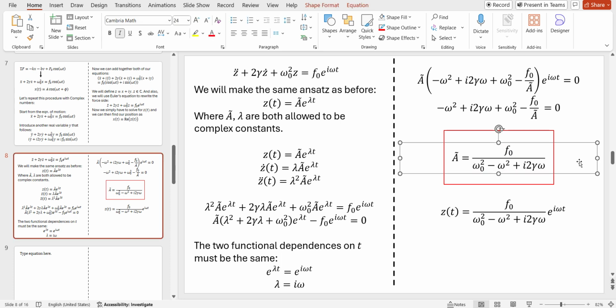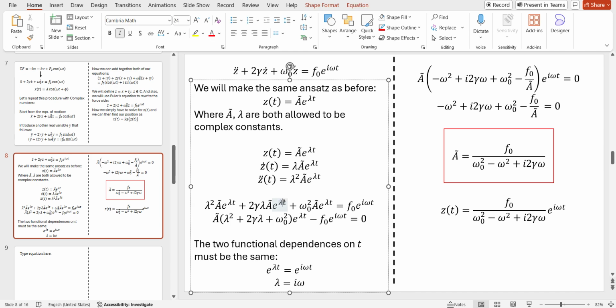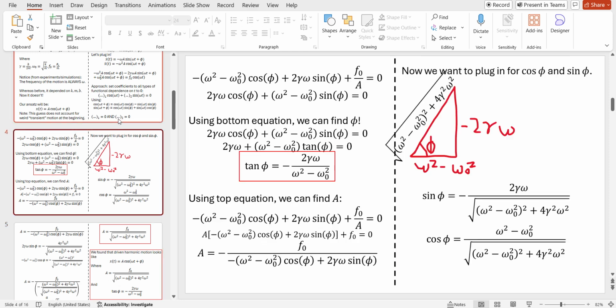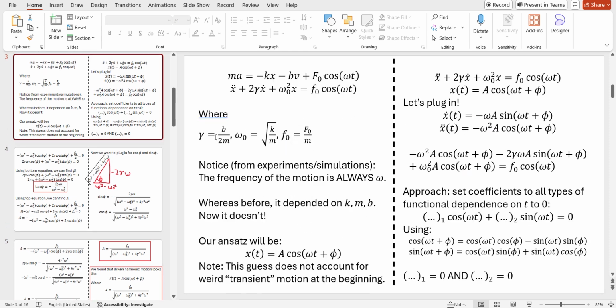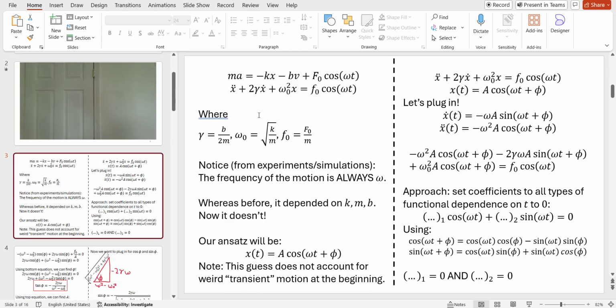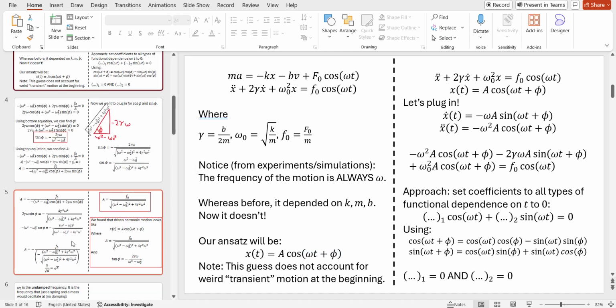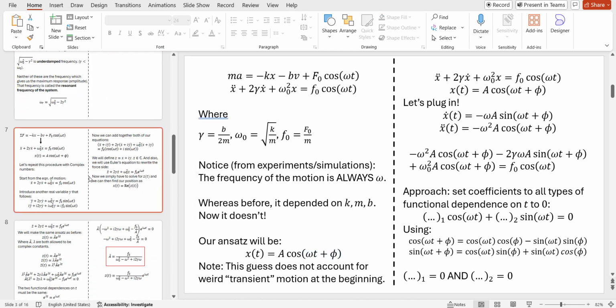Lambda, by the way, was there because I was being general. In the first case, I could have said I don't know the frequency of the solution, but I just said it was going to be omega from the beginning. Here, when doing the complex solution, I called this number lambda, which is why we also had to find lambda, whereas last time we didn't have to.